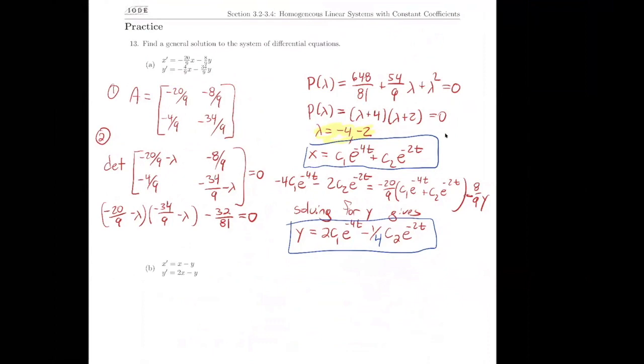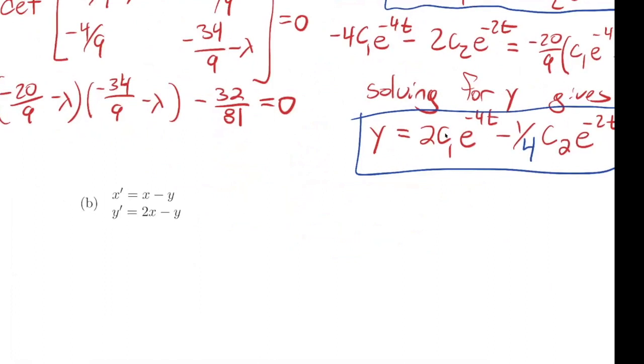When you're doing your work on the homework, just be sure that you're providing the steps. I'll walk through B together as if I were handing in this homework assignment, and then I'll give you a chance to work on the next couple. In B, we've got this system, x prime is x minus y, y prime is 2x minus y.